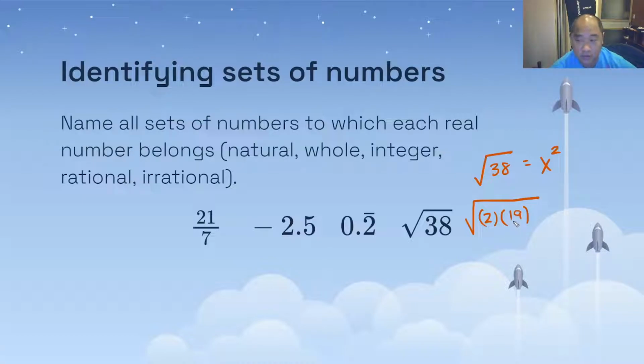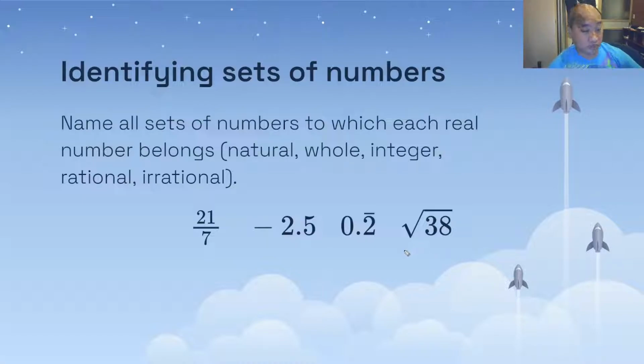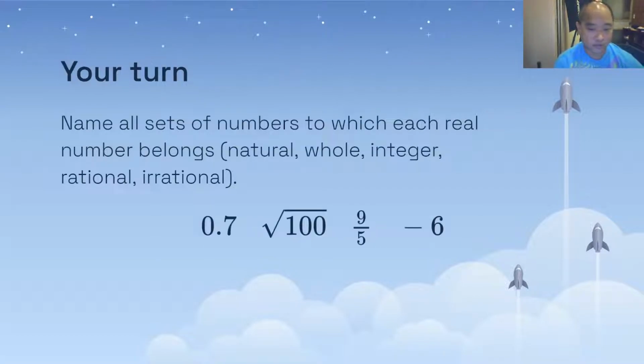And you know that because the square root of prime numbers is irrational, and both 2 and 19 are prime numbers. So this is going to be irrational. But you don't need to worry about that. If you see a square root of a number and it's not a perfect square, then you can usually just assume that it's going to be irrational. Okay. I probably spoke for too long there.